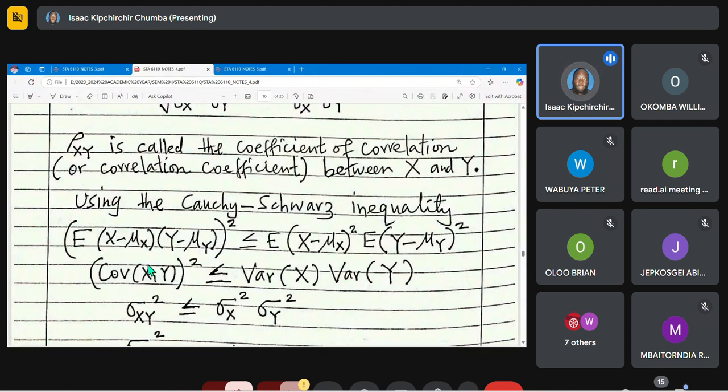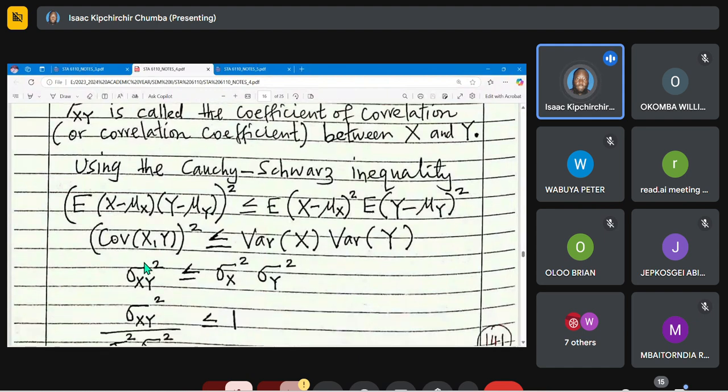So covariance squared is less than or equal to the product of the variances: what I have here is variance of x, and here is variance of y. With the notation sigma xy for cov xy, sigma xy squared will always be less than or equal to sigma x squared times sigma y squared.